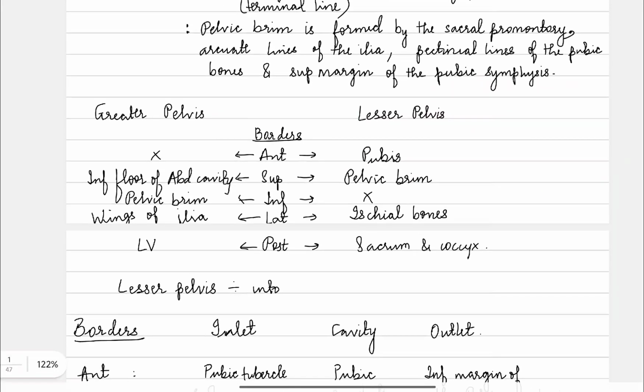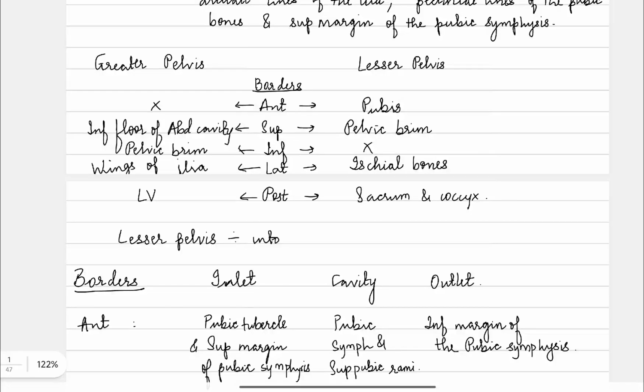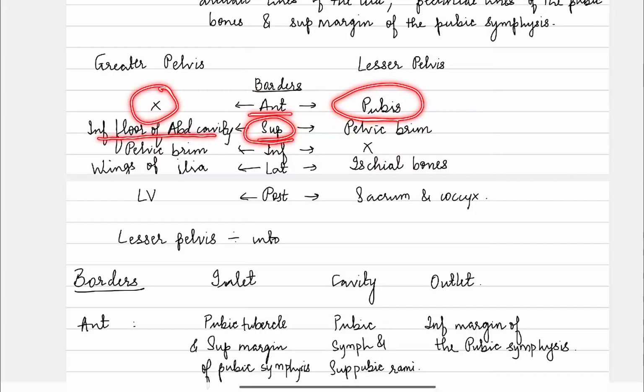Now, this greater pelvis, which is also called false pelvis, and lesser pelvis, which is also called true pelvis, have borders. Anterior of greater pelvis there is nothing, but anterior of lesser pelvis there is pubic bone. Superiorly, the greater pelvis has the inferior floor of abdominal cavity and the lesser has the pelvic brim.